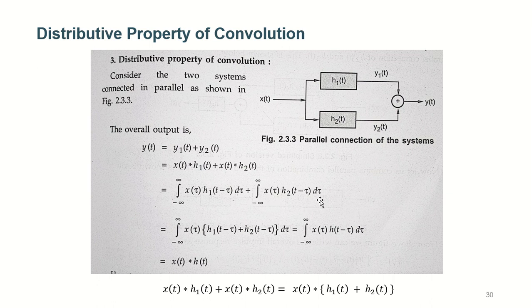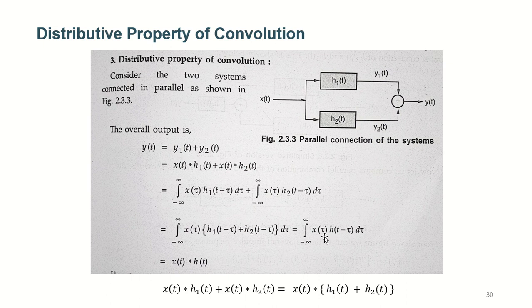Again we just put the formula, and after putting the formula, what did we do? We wrote x of tau as it is, and we took x of tau common, and inside we took h1 of t minus tau plus h2 of t minus tau, into d tau, right? Both of these combined, can't we write them together as h of t minus tau?